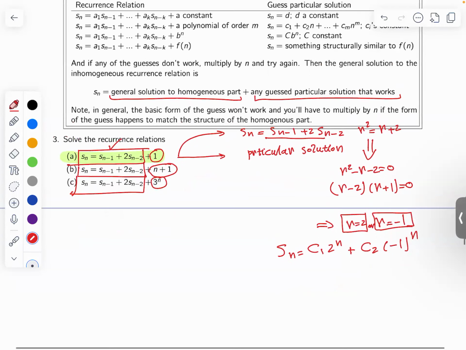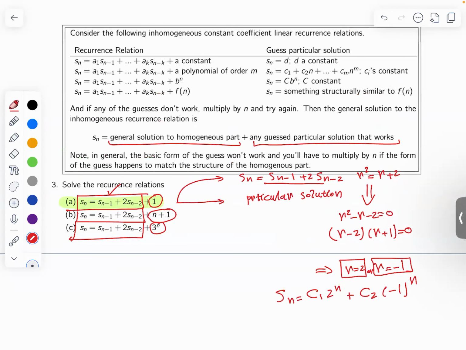Now, the non-homogeneous part. Now we are going to update this one by adding the particular solution. The particular solution for this one depends on the non-homogeneous term.